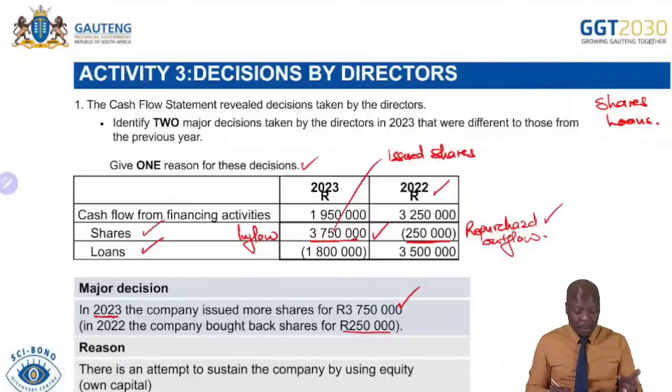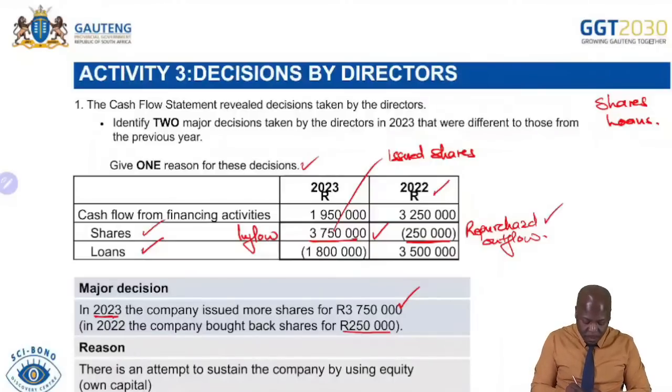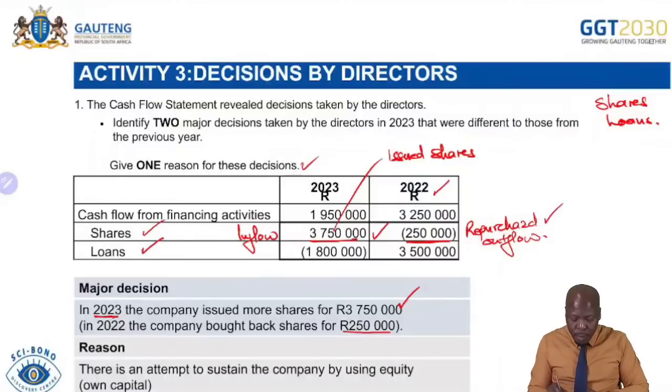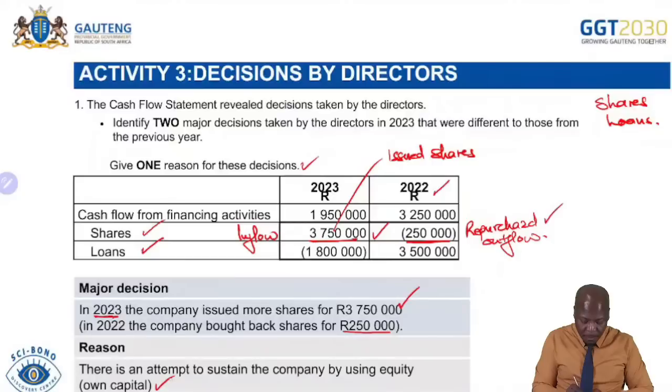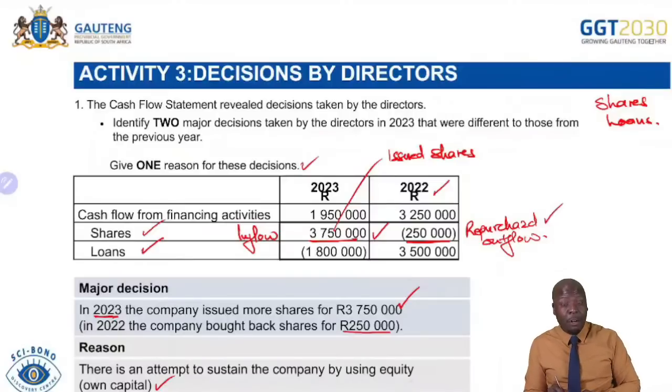What could be the reason for such a decision? You have to understand that the moment we issue more shares, it brings about stability in terms of the company using its own equity. So there's an attempt rather to sustain the company by using own capital.